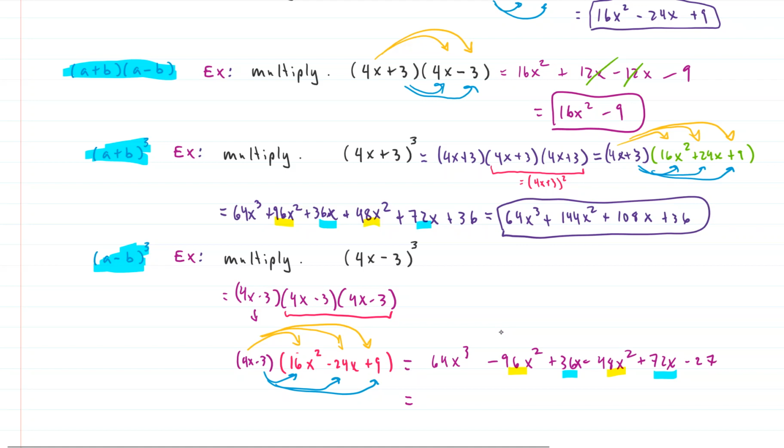So we have 64x cubed. We now have a negative 144x squared, and we have a positive 108x, and then we have negative 27.